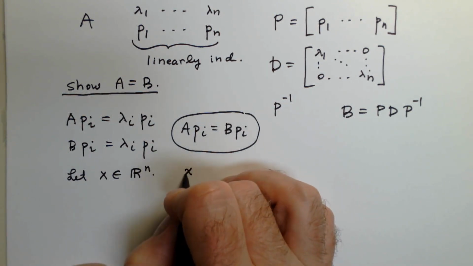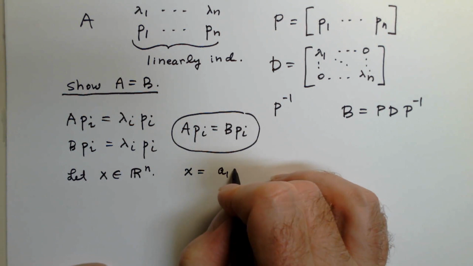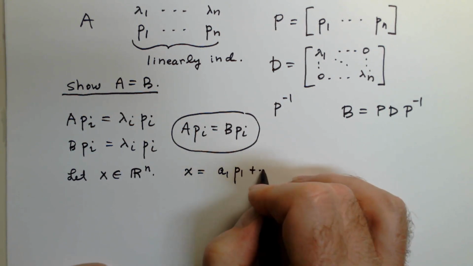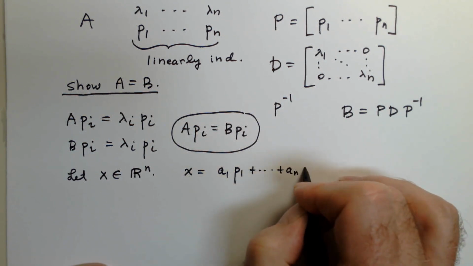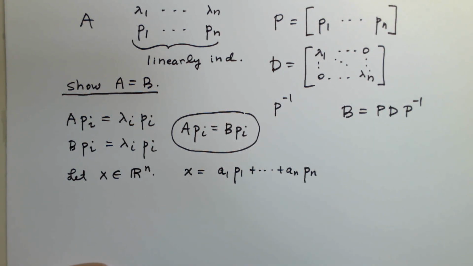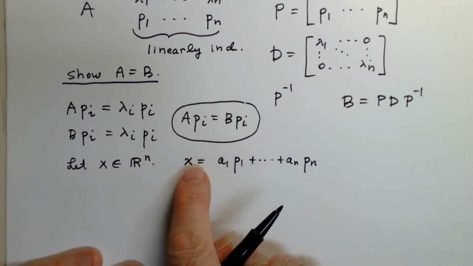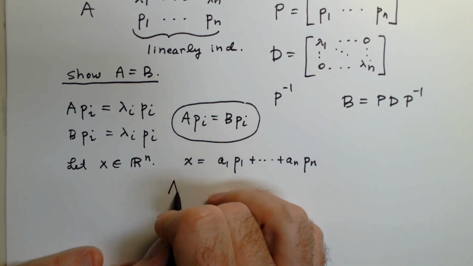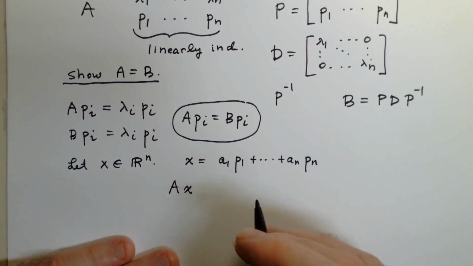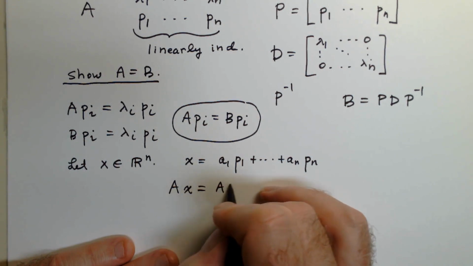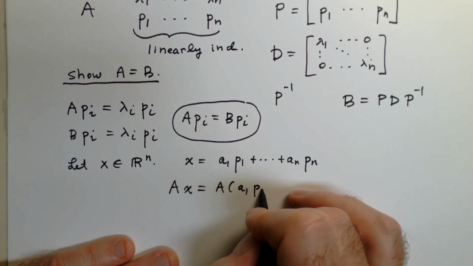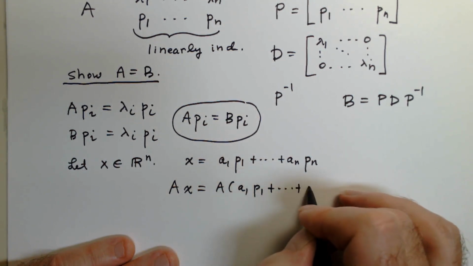So we can write x as a linear combination of the basis vectors P1 through Pn. All right? Now let's apply A to x. A times x is A applied to the linear combination.